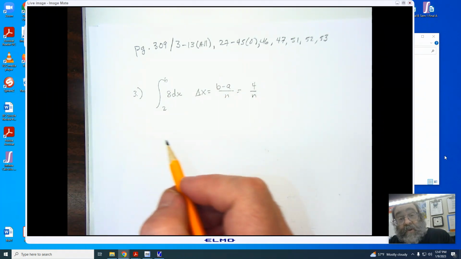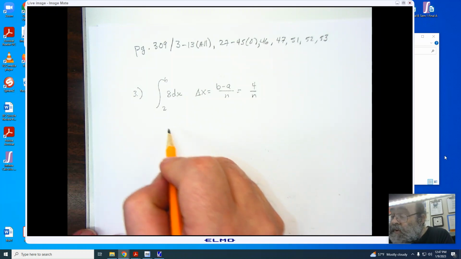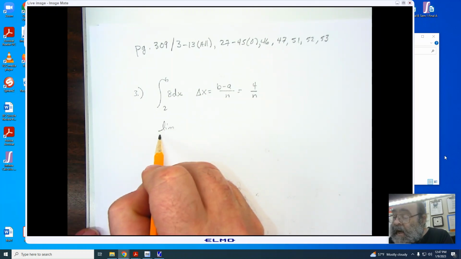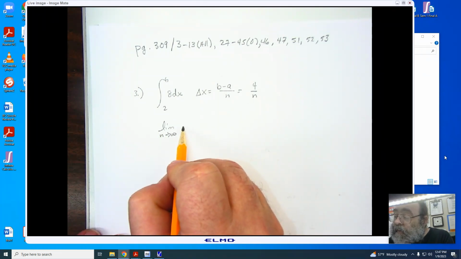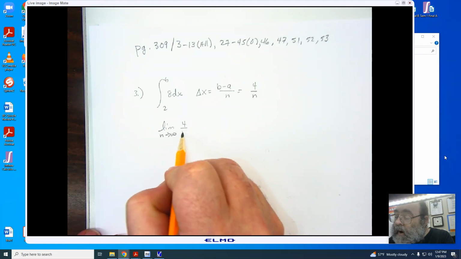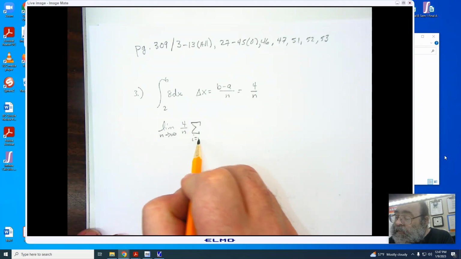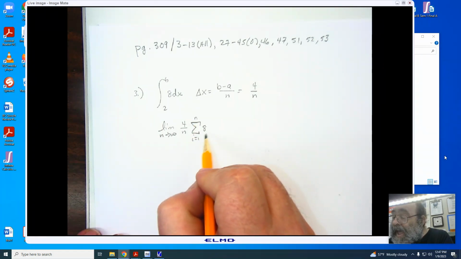We're now going to have to construct our integration, or the limit process summation. That means I'm going to have the limit as n approaches infinity. We're going to put our delta x in front, so that's 4 over n times the summation as i goes from 1 to n, and we're looking at 8.